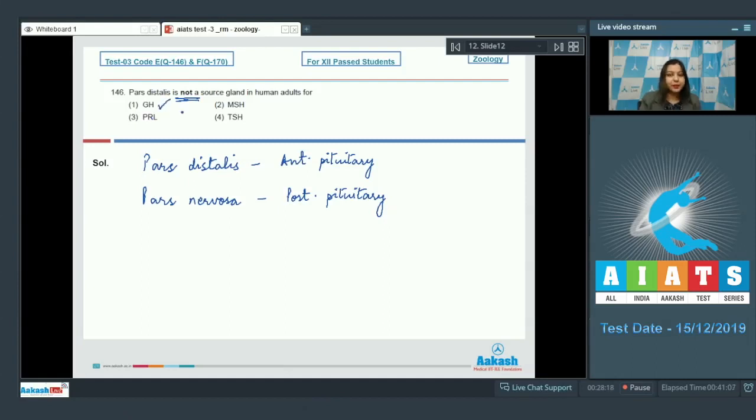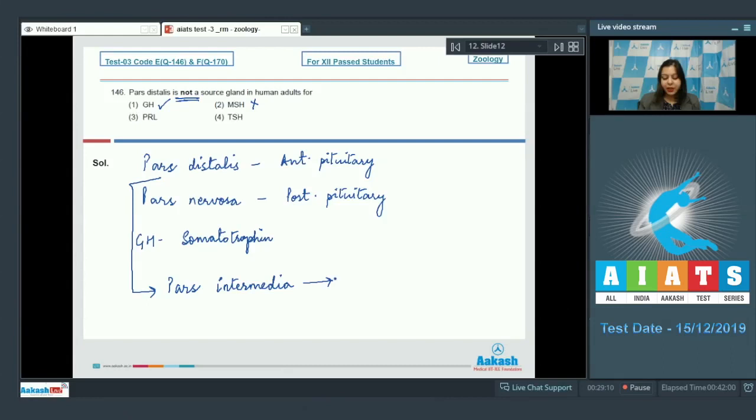Growth hormone, that is somatotropin, is secreted by anterior pituitary. Melanocyte stimulating hormone is neither secreted by anterior pituitary nor by posterior pituitary, as it is secreted by another zone called pars intermedia, which is present between the anterior and the posterior pituitary.